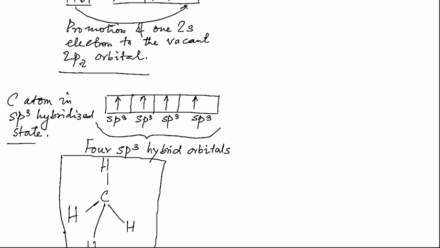In all the 4 CH bonds that are sigma bonds, the electron density in each bond is symmetrical about the line joining the centers of the 2 bonded atoms.